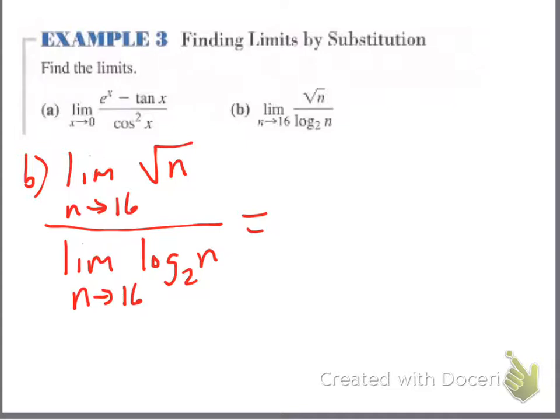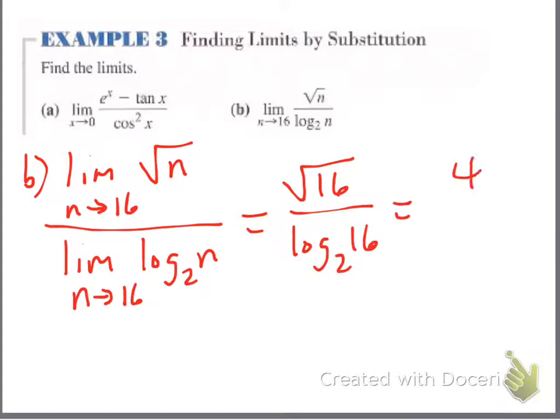Well, plug 16 in for n in both limits. So I get the square root of 16 over log base 2 of 16. Well, the square root of 16 is 4. The log base 2 of 16 is 4. So 4 divided by 4 is 1. So again, another example of splitting them up into individual limits, find the individual limits, and then do your operations.